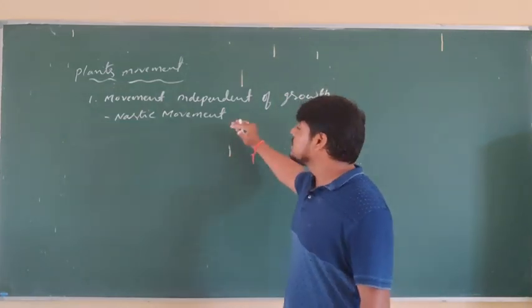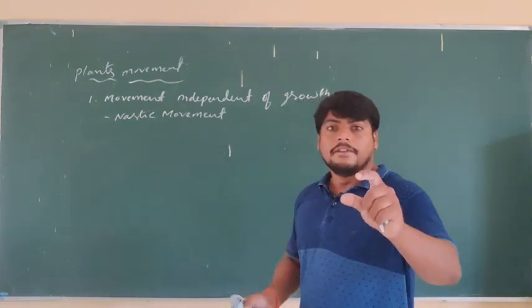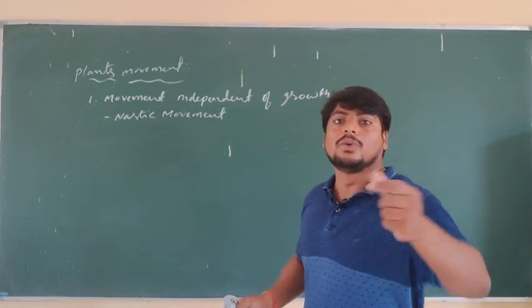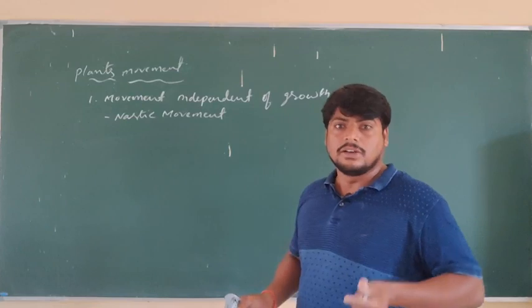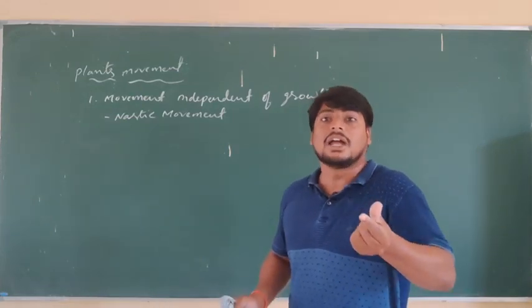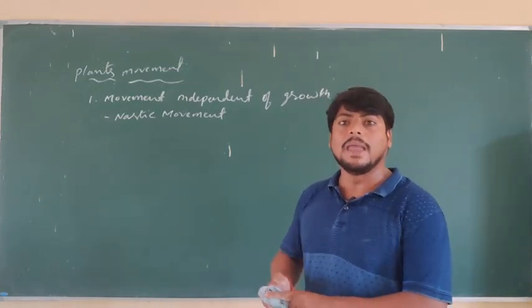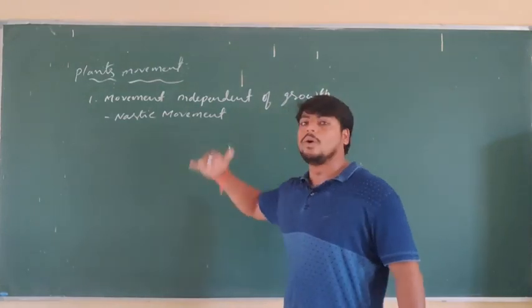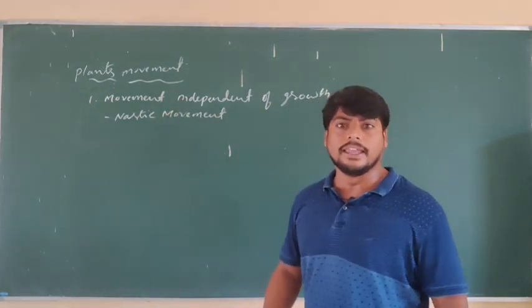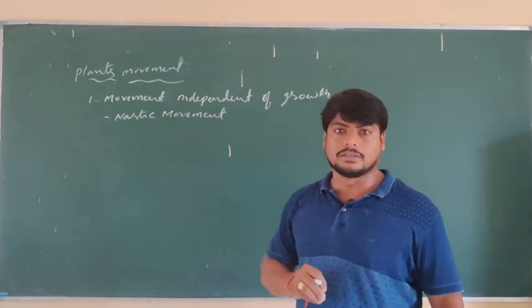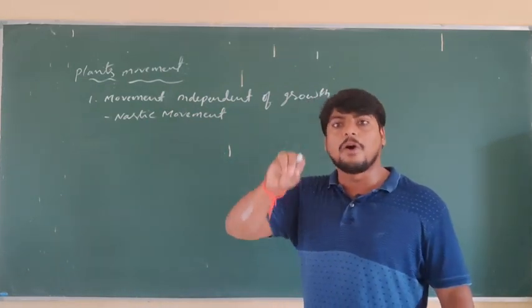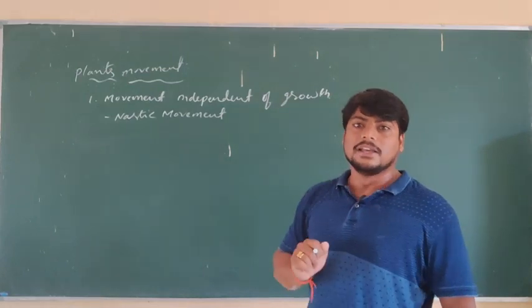The plant does not identify the direction of the stimulus, so we cannot identify the direction of the movement. Why? Because here the movement is not dependent on growth. They are simply responding to the stimulus.